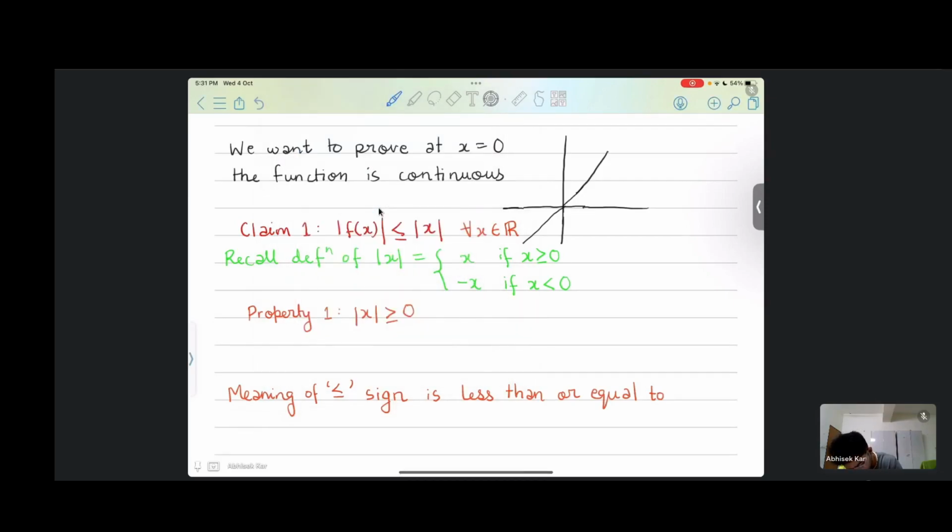Let's take a real number x belonging to R. Either x is greater than or equal to 0, let's say this is case 1.